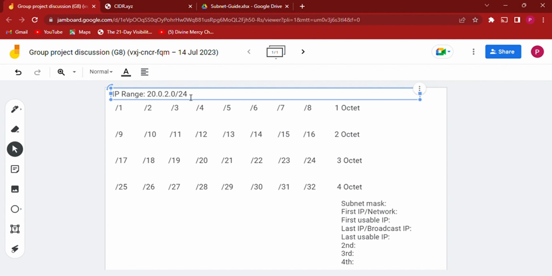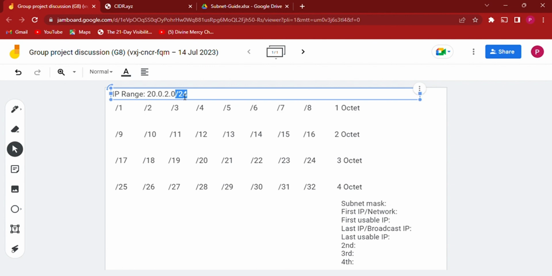Now, when you see this /24, all that you are trying to say when you choose /24, or when you are given slash something, is that you are reserving that number of bits for the network. Then the rest can be used as the host IP, which you distribute to hosts and use for your subnets.